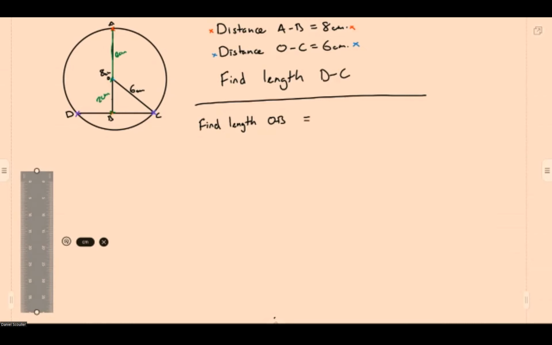8 centimeters, which is given, minus 6 centimeters, which is the radius O to A, gives the side O to B as 2 centimeters. I'm using a lot of letters, but the letters are just the start point and the end point.